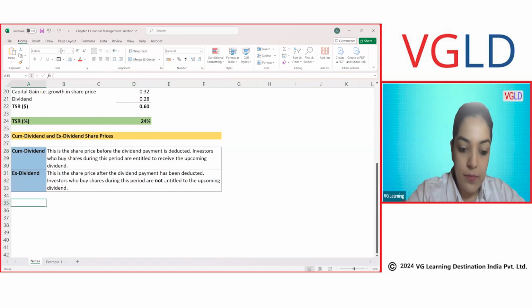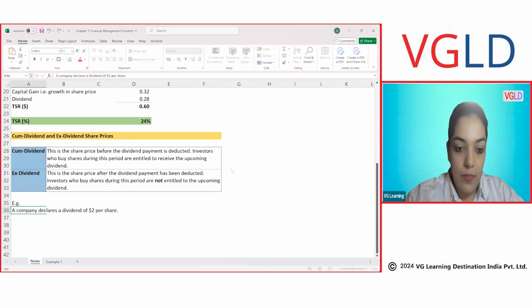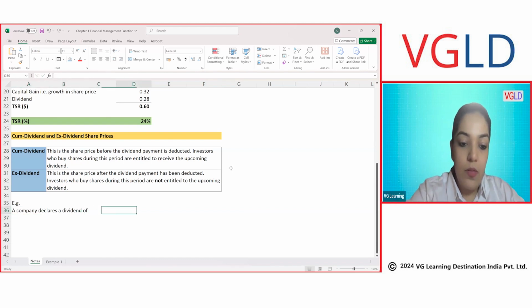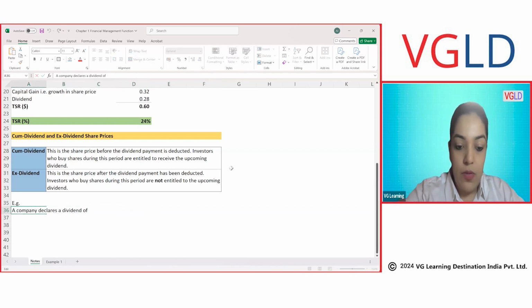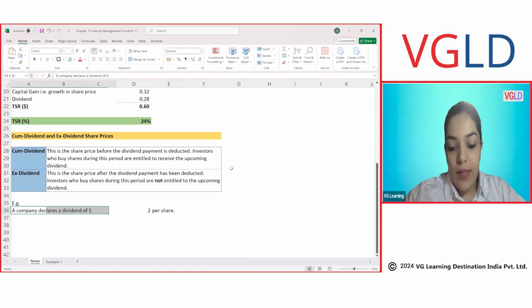Example. A company declares a dividend of $2 per share.